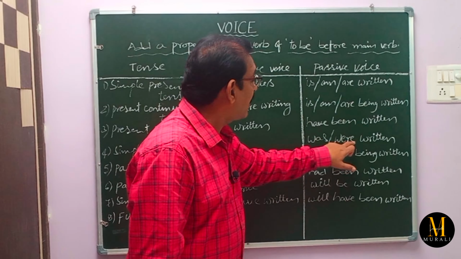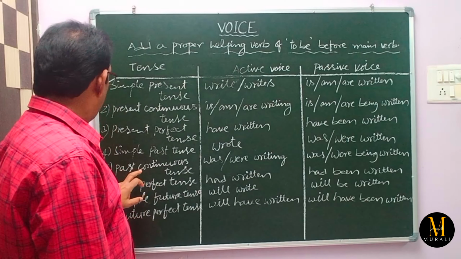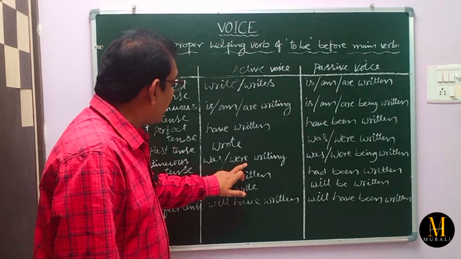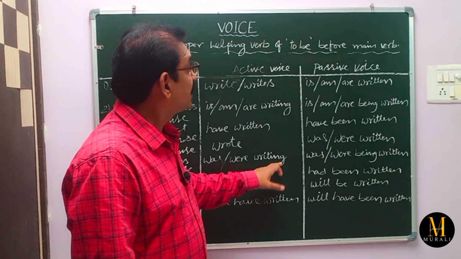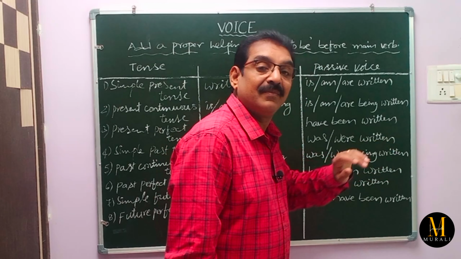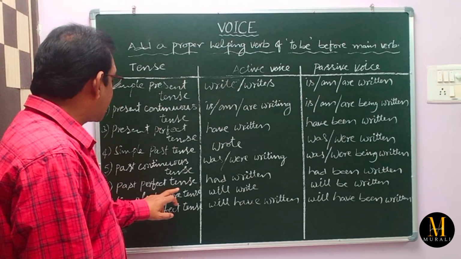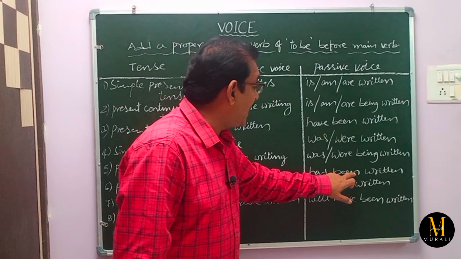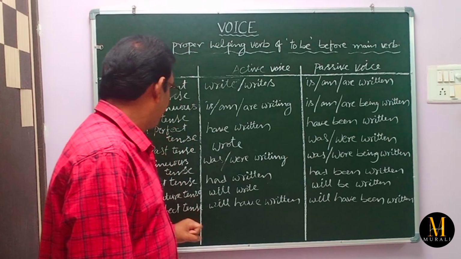Was or were written. Past continuous tense: was or were writing. Change into passive voice: was or were being written. Next, past perfect tense: had written. Had been written in passive voice.